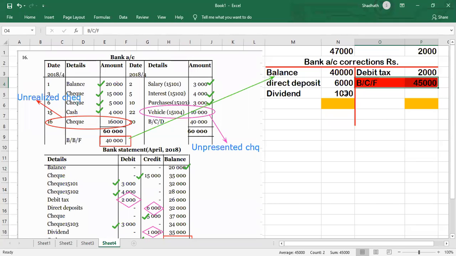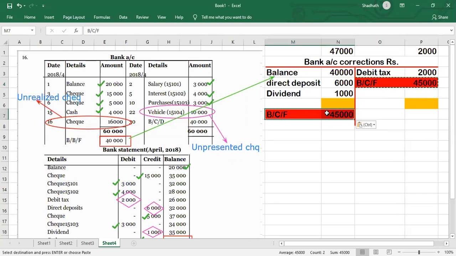This side you have 47, this side only 2,000, so we have to fill the shortage. The shortage is 45 in credit. We have credited 45, balance carried forward. It comes to the debit side down, balance brought down.